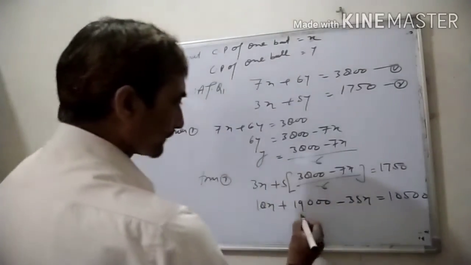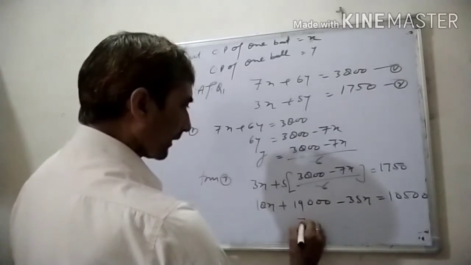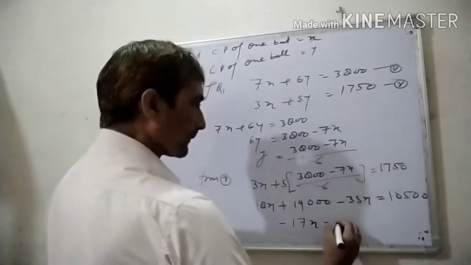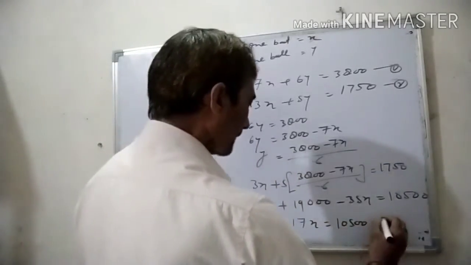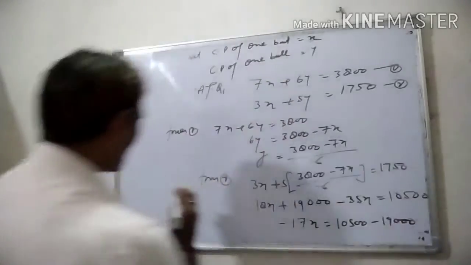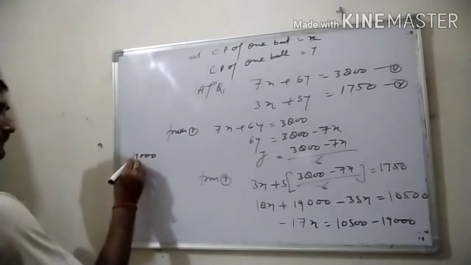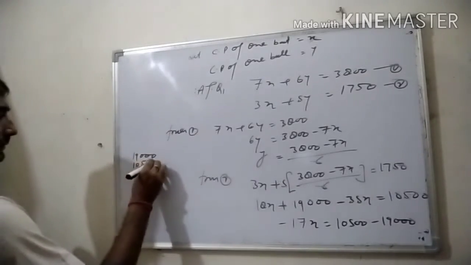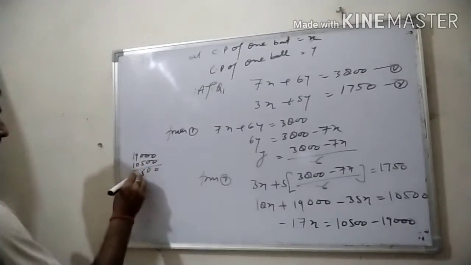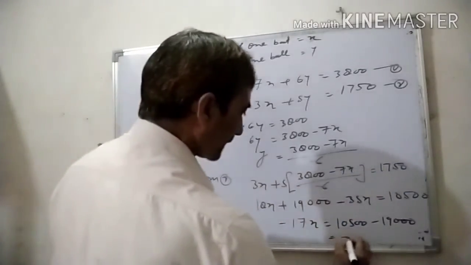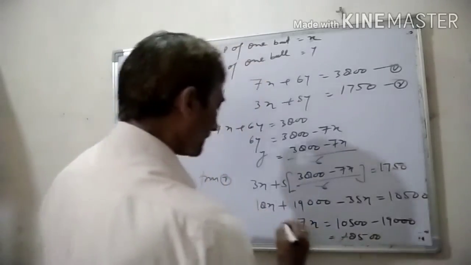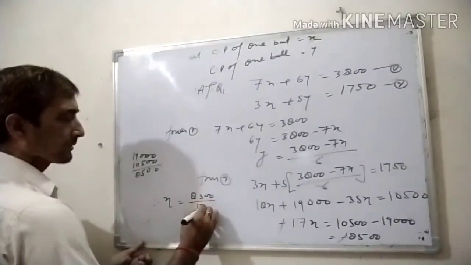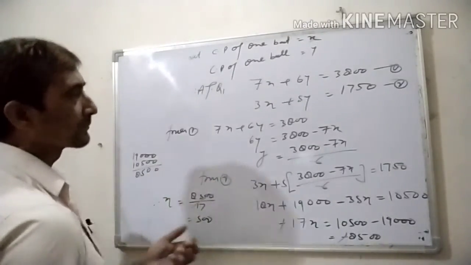Then minus 17x is equal to 10500 minus 19000, that is minus 8500, minus will be cancelled. x is equal to 8500 by 17, that is 500.